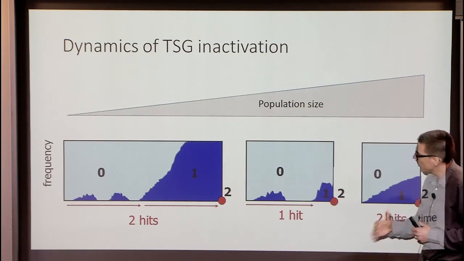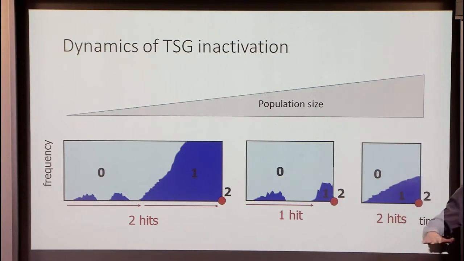In terms of the rate-limiting steps, that's a one-hit process. And finally, in very large population sizes, mathematically it looks like two hits, but they are not rate limiting. Here it's immediate, right? You immediately grow with your type 1 mutant, and the second one occurs immediately. So it goes very fast in large population sizes.